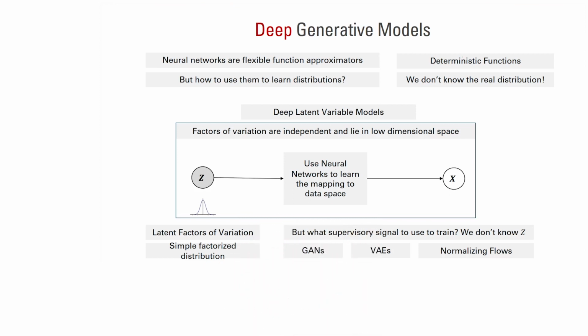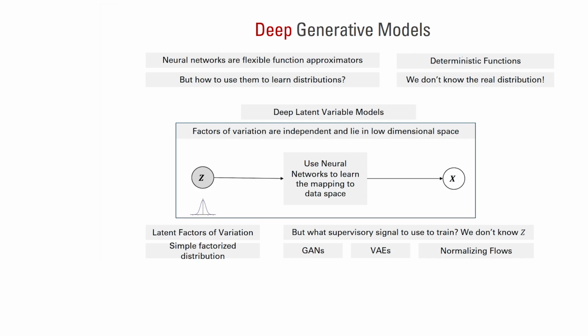There's a hypothesis called the manifold hypothesis that says that the true factors of variation that underlie any system's variables are actually embedded in a low-dimensional simple space. So you assume that there are certain factors of variation. I do not know what those factors causing variation in my data are, but they lie in some lower dimensional space. Let's call it Z.